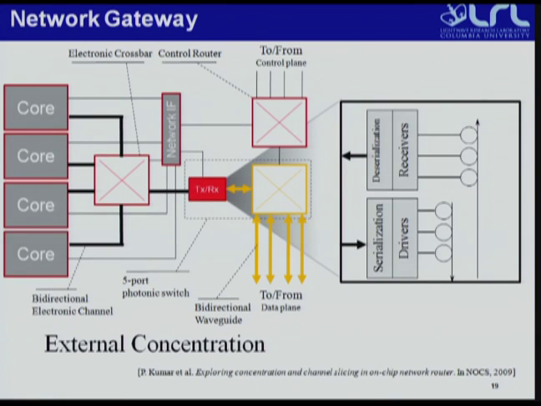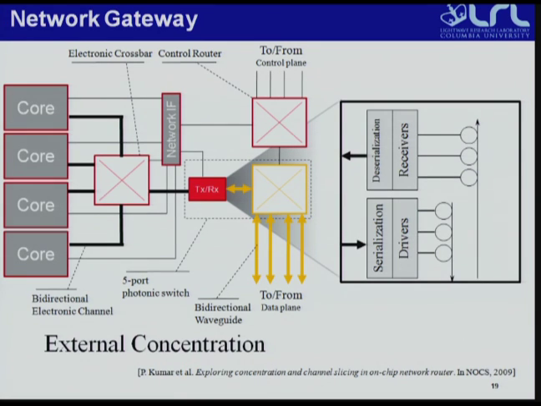What I'm calling the network gateway provides access from the cores into both the electronic and the photonic plane. We usually use what's called external concentration as opposed to internal concentration, where we want more than one core to share a network access point. So we put more than one core behind an electronic crossbar, which is controlled in the same way as a router arbiter by a network interface.